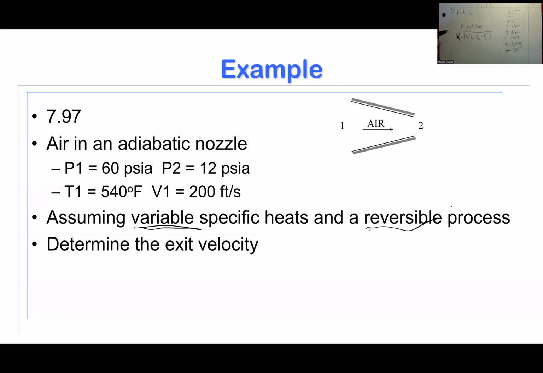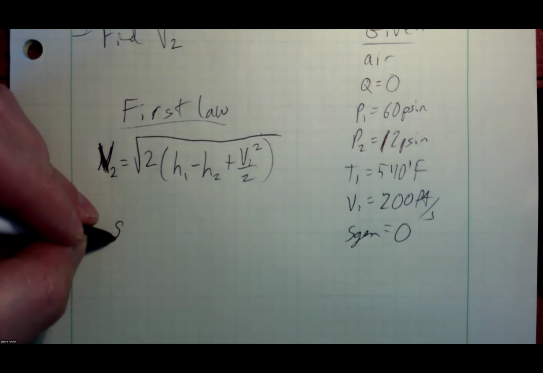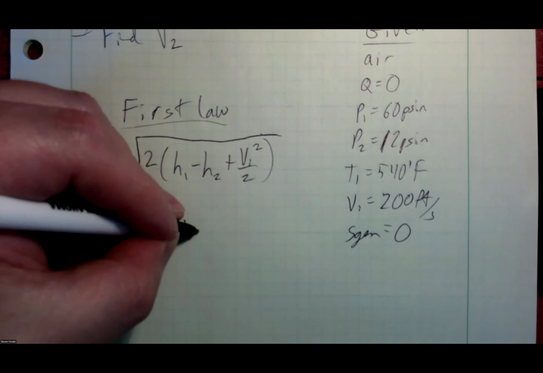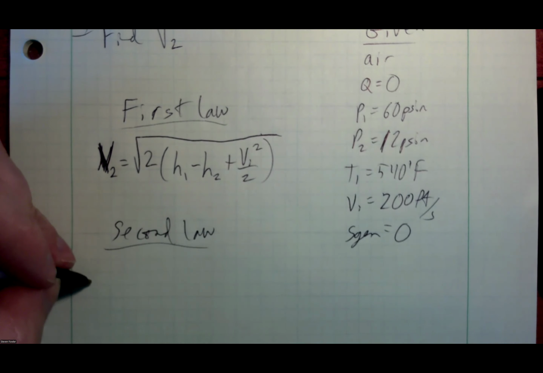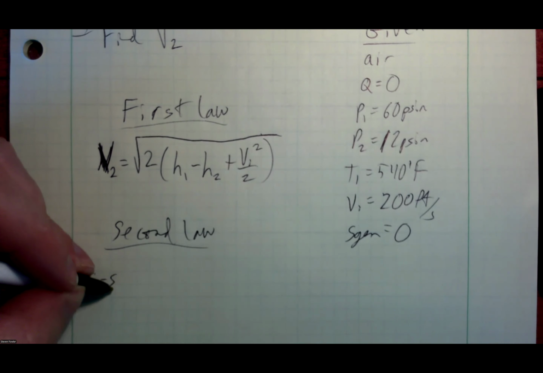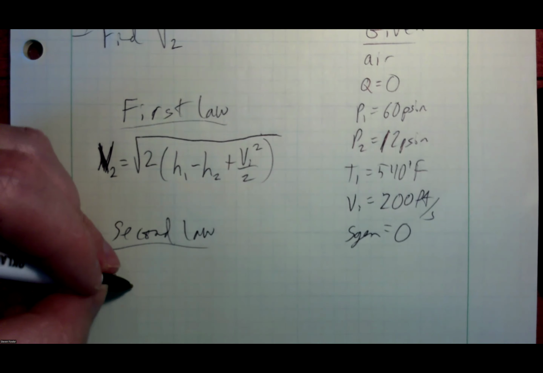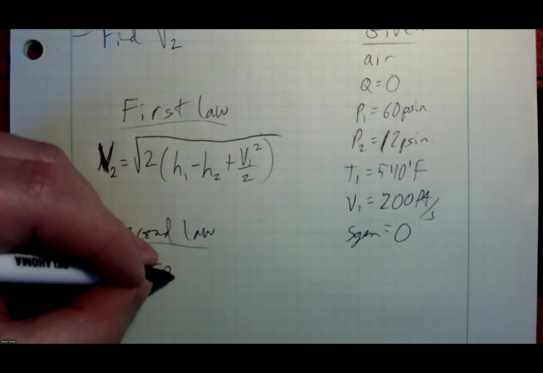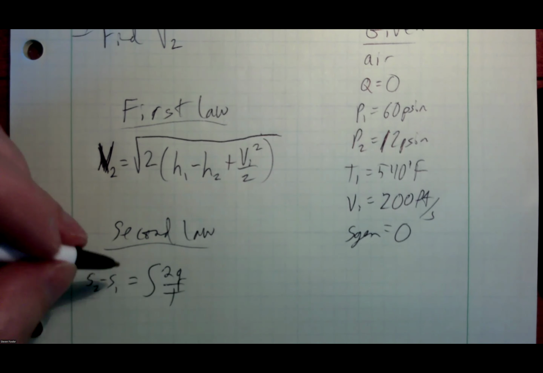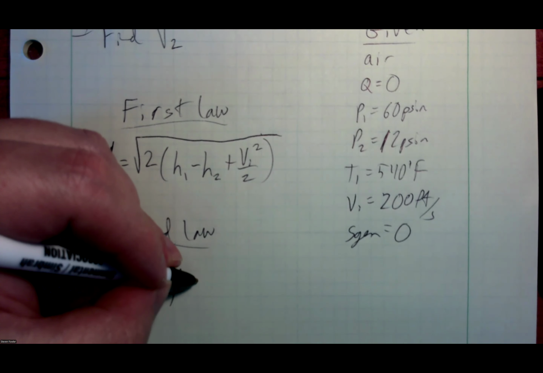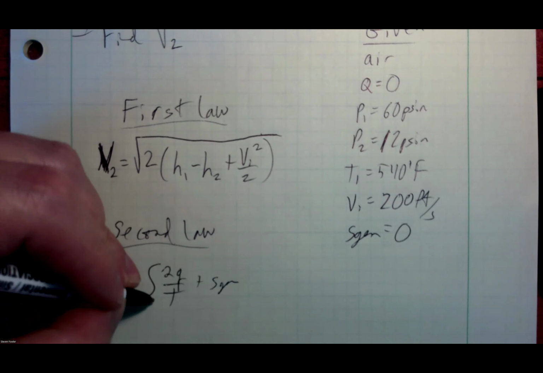For the second law, most of it is still the same. If I use the entropy per mass version, delta S is equal to the integral of dq over T plus little s gen.